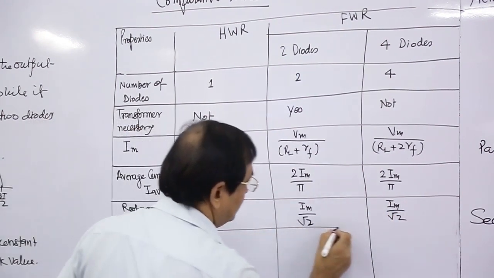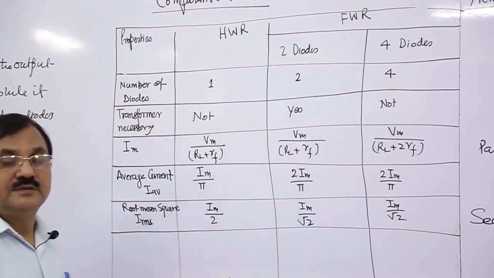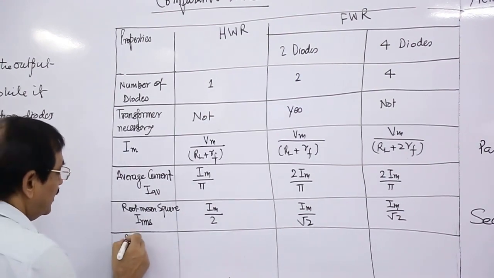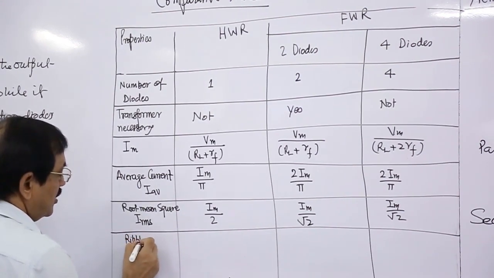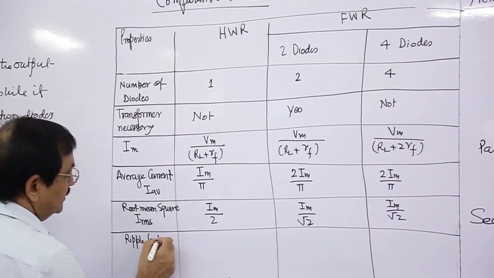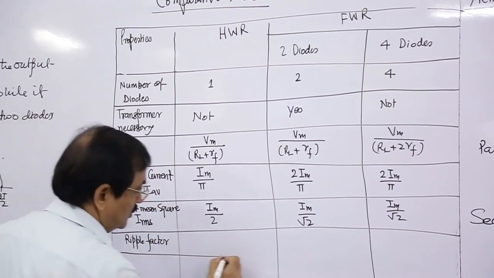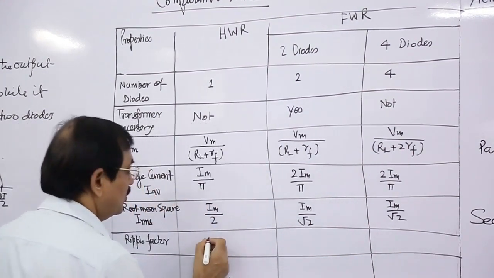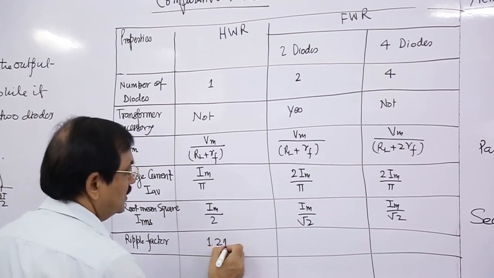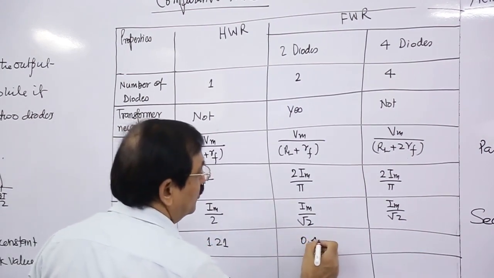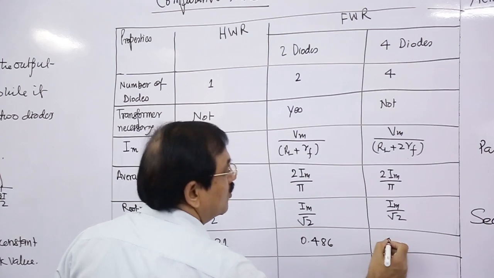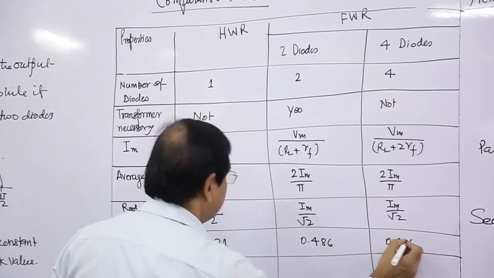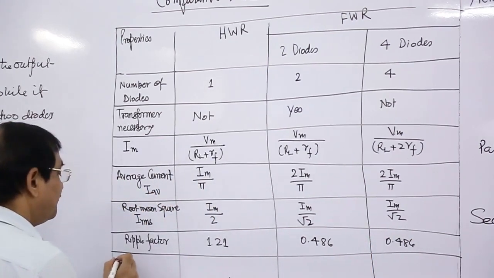This is the root mean square. Now ripple factor is 1.21, 0.486, 0.486.